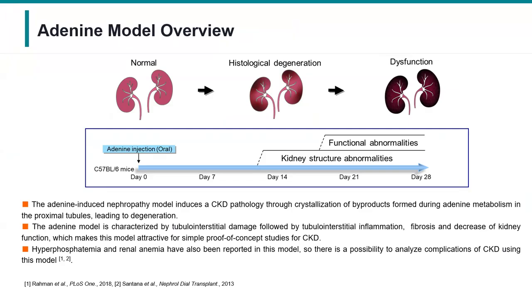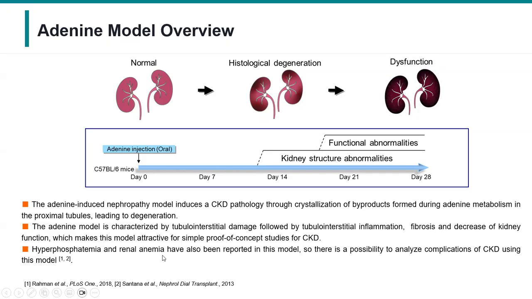The adenine model is characterized by tubulo-interstitial damage, followed by tubulo-interstitial inflammation, fibrosis, and decrease of kidney function, which makes this model attractive for simple proof of concept studies for chronic kidney disease. Also, hyperphosphatemia and renal anemia have been reported in this model.